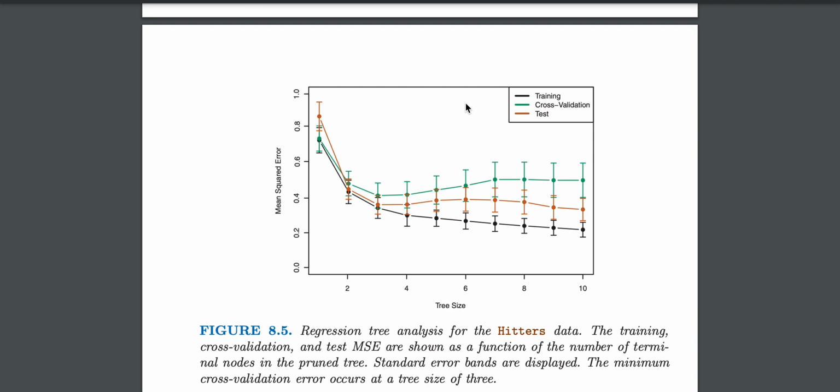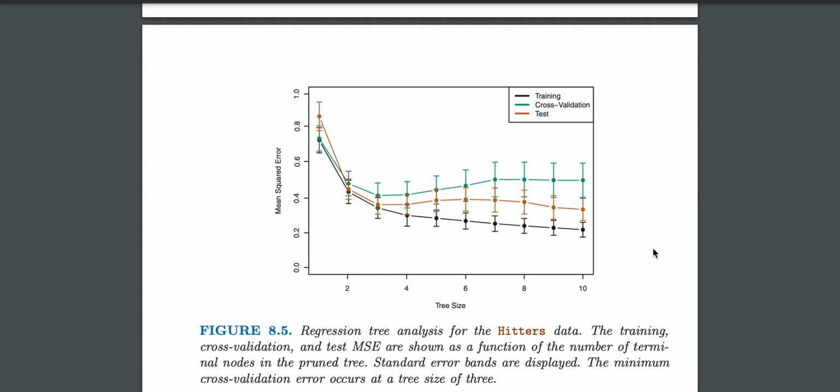And then we can look at the cross-validation error as a function of the tree size. So we have the mean squared error here, and then we have the test MSE, the cross-validation and the training.